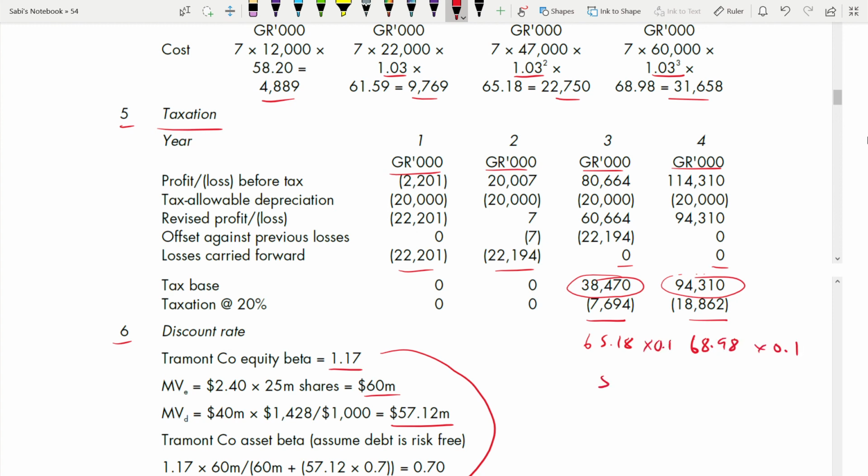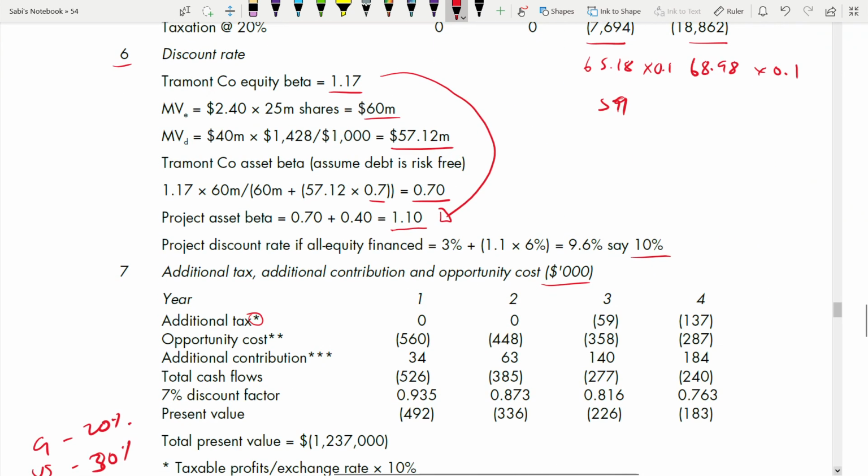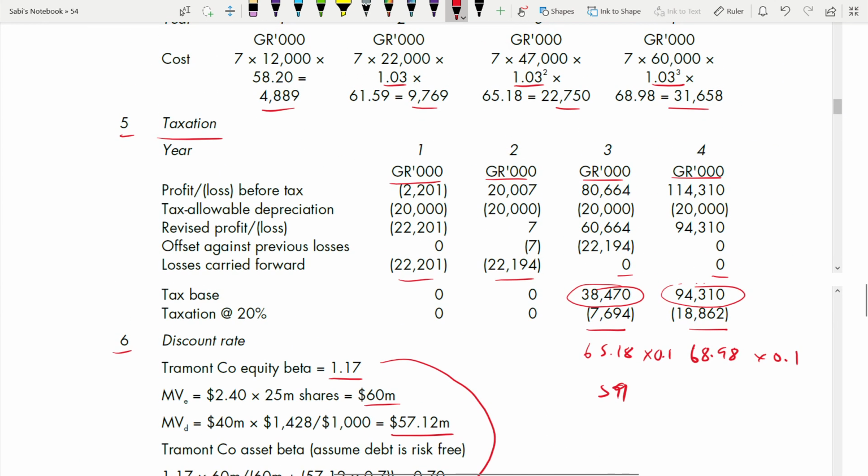So here you will get 59, and here you will get 137, rounded up. The reason is that the tax base is in Gamalian currency, so you need to first convert into dollar and take 10%. That's why you are dividing it by the exchange rate.